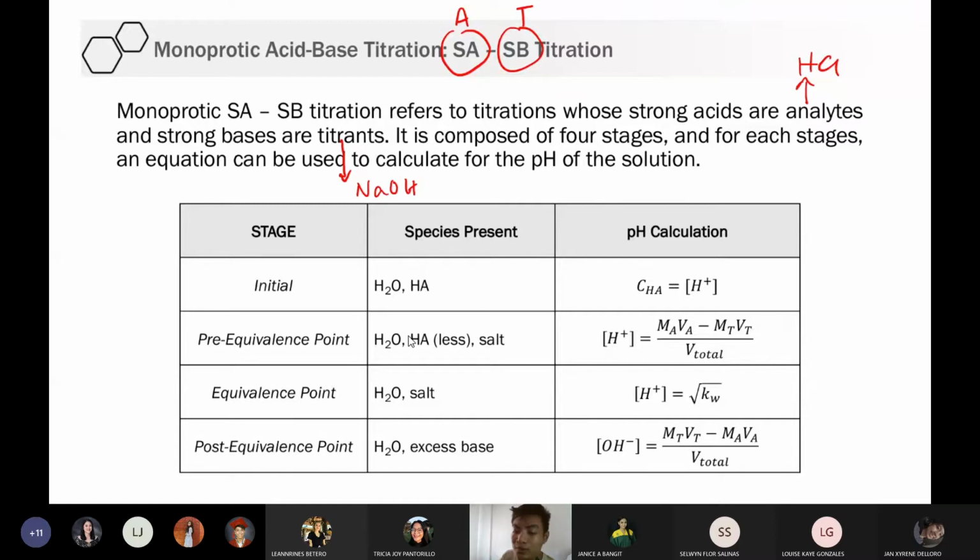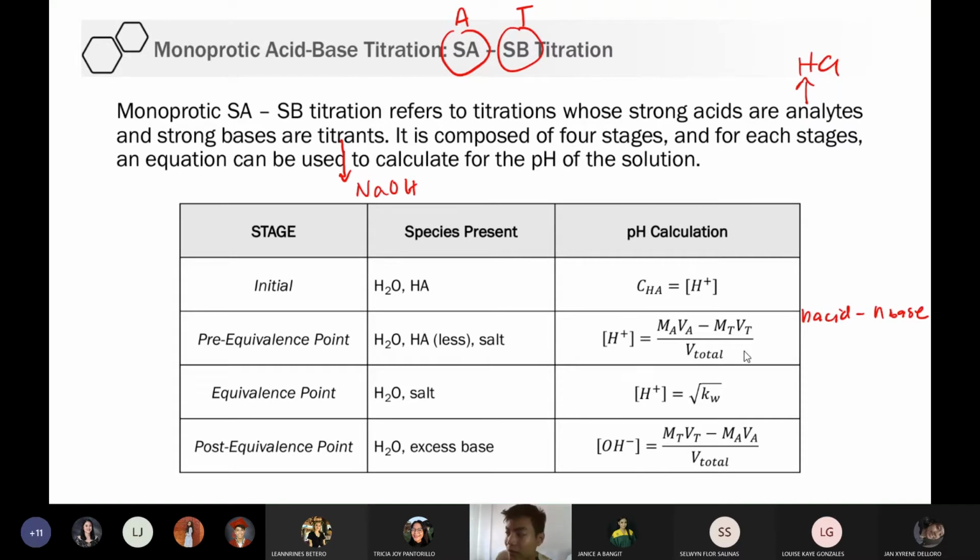So, since nababawasan yung acid mo, you have to compute for the mole of acid remaining. Okay? So, how do we compute for the mole of acid remaining? That is the mole of acid minus the moles of base added. Okay? O, kung ilan yung base na dinagdag mo, i-subtract mo yun dito sa mole ng acid mo. Nakuha mo na yung mole ng acid na remaining.